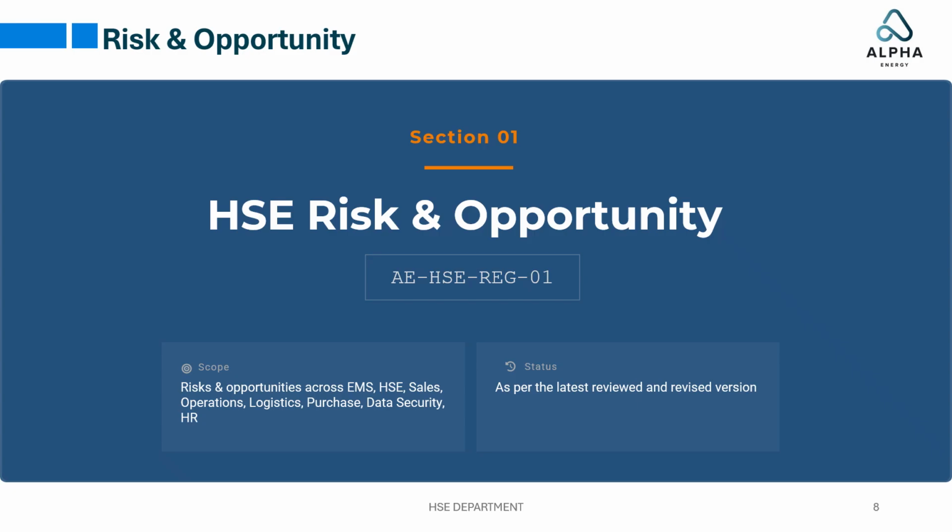The register ensures that potential hazards, operational risks, and improvement opportunities are systematically identified and managed across these departments. Its status reflects that it is maintained in accordance with the latest reviewed and revised version, ensuring it remains updated and aligned with current operational and regulatory requirements.